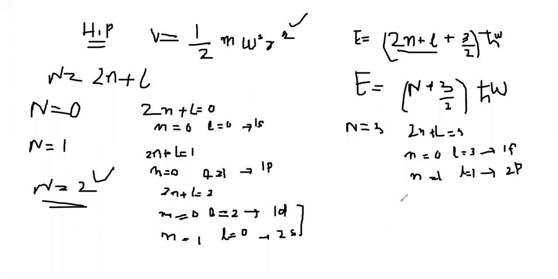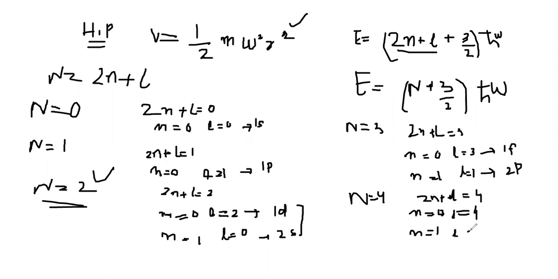If N is going to be 4, then what can be the possibilities? 2n plus L is 4. The first possibility is n is 0, L is 4. Second one is n is 1, then what is L? L may be 3?